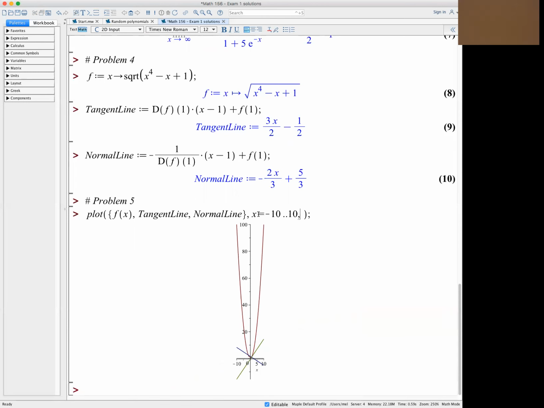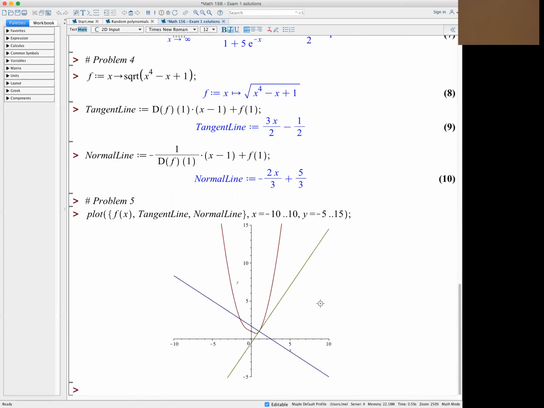And Y also goes from, let's say maybe -5 to 15. Perfect. So here you can see the red is the curve, has this little bit funny shape. The green is the tangent at x equal 1, and the blue is the normal line perpendicular to the tangent.